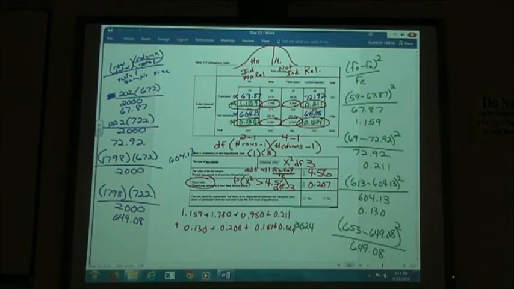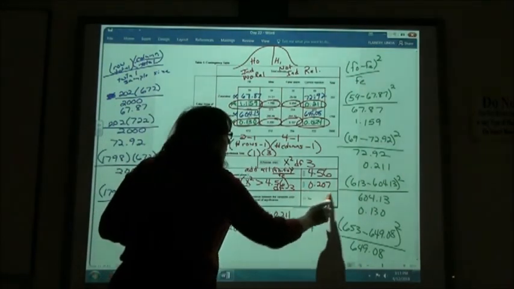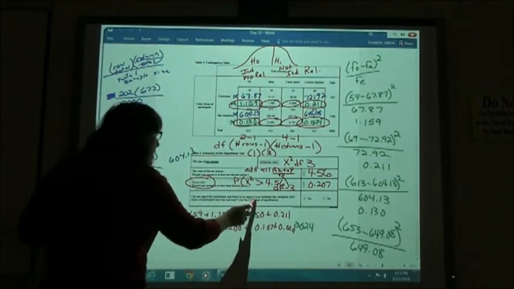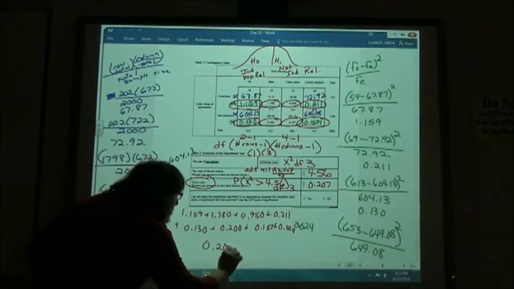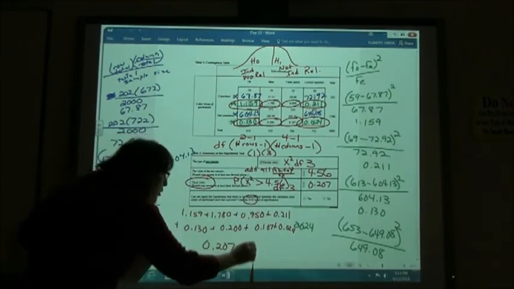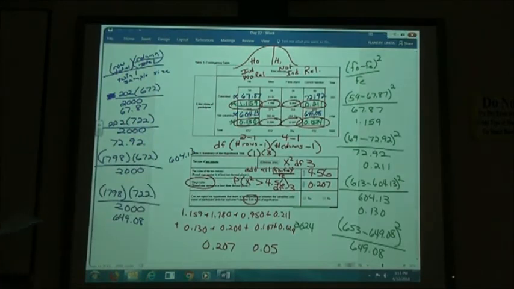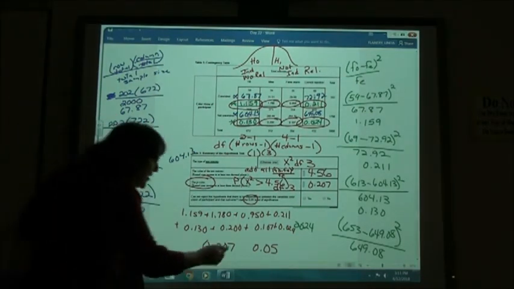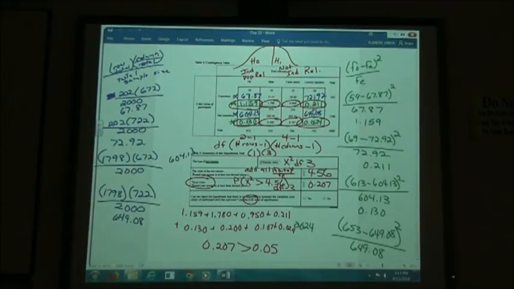So when we do our test statistic, since we're doing the p-value, we're comparing this percent to the level of significance. 0.207 compared to 0.05. 0.207 is going to be greater than 0.05.